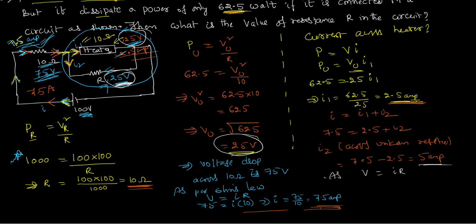Voltage across this resistance is 25 volts. I is I2, which I have already calculated, that is 5 amperes. So let me substitute that value itself. And resistance R, that implies resistance R is 25 by 5, that is 5 ohms.